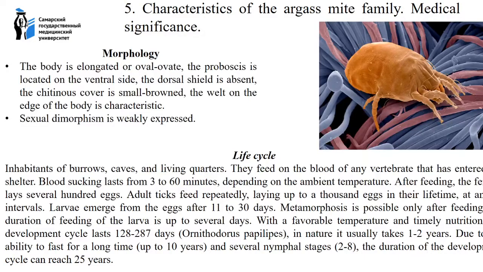After feeding, the female lays several hundred eggs. Adult ticks feed repeatedly, allowing up to 1,000 eggs in their lifetime at annual intervals.